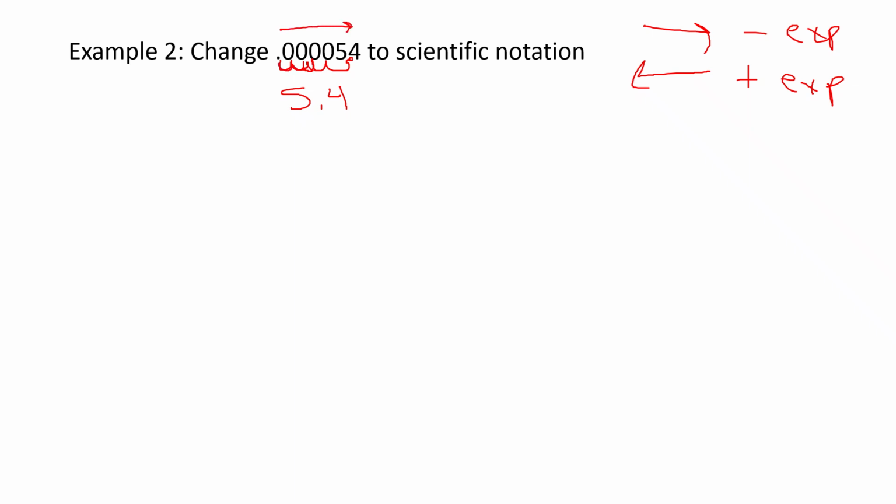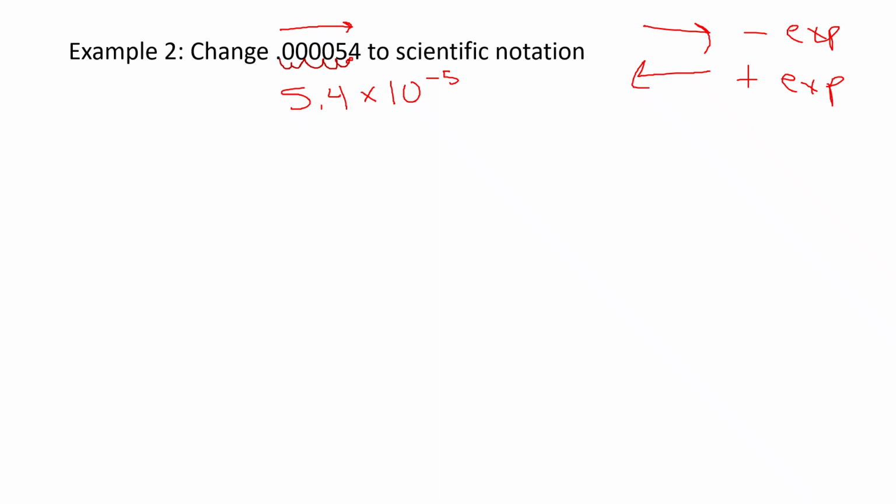Let me erase that and do it again so I can count it better. 1, 2, 3, 4, 5 places to the right. So it is 5.4 times 10 to the negative 5. Because I moved it to the right, it is a negative exponent.